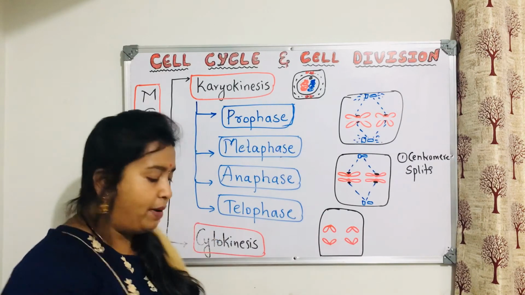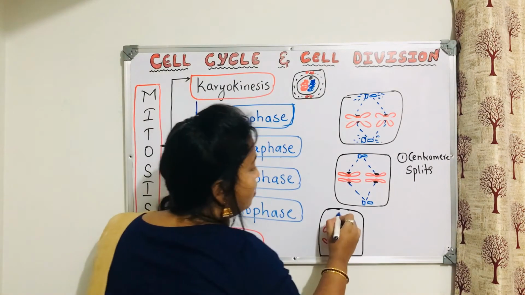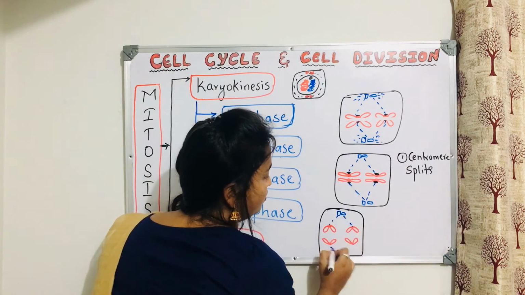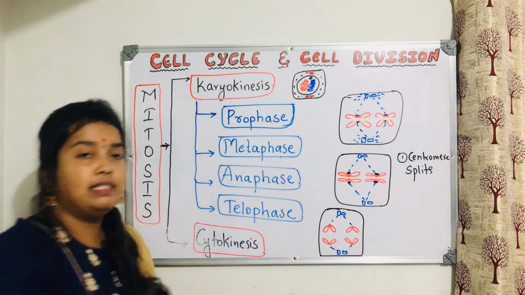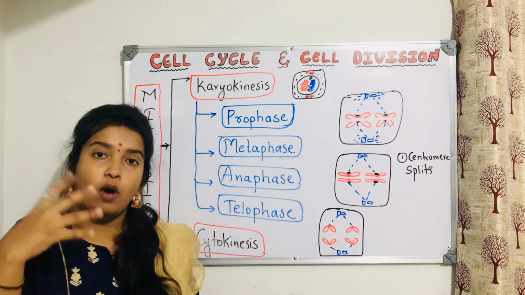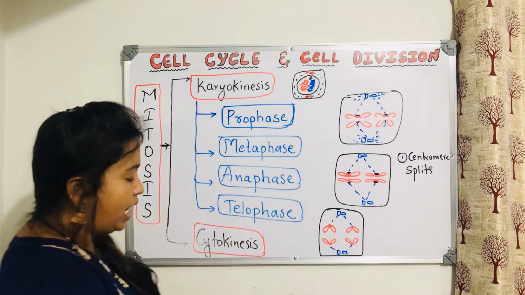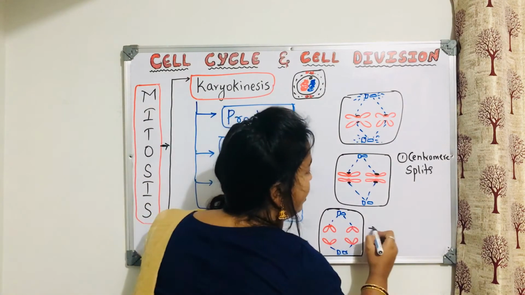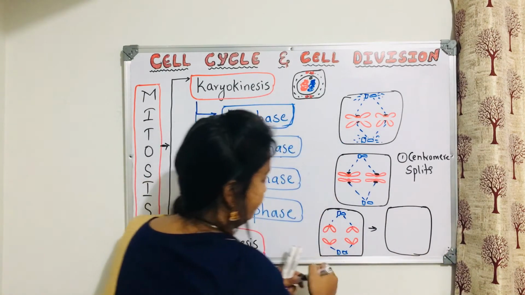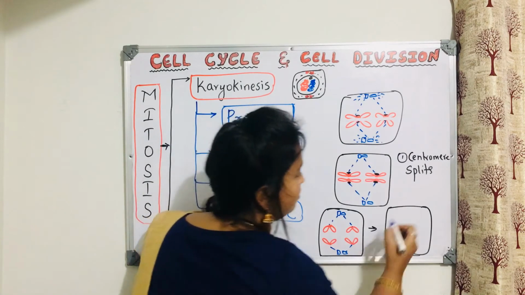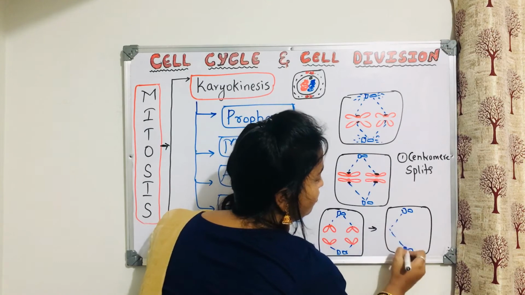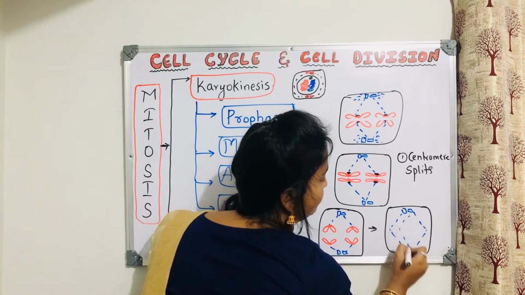Now what will happen during the late anaphase? Okay, what will happen at the late anaphase? Once the anaphase stage is about to complete, then how the chromosomes will actually look, so that we will see here. The late anaphase, you will be able to see these are the spindle fibers.